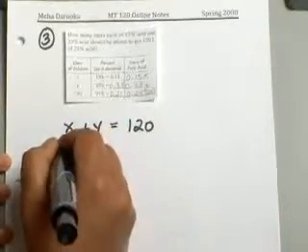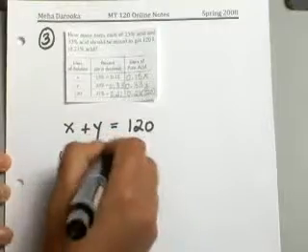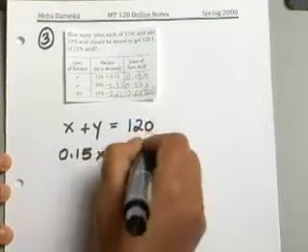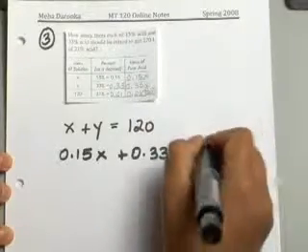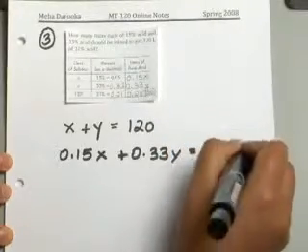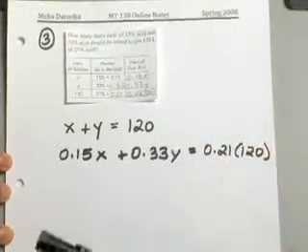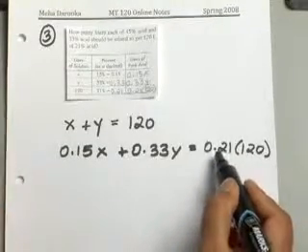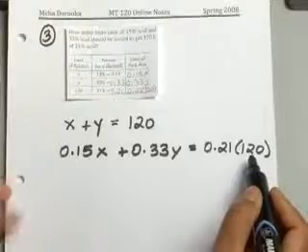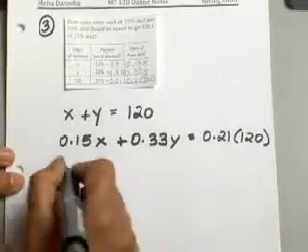So this will be 0.15X plus 0.33Y equals 0.21 times 120.